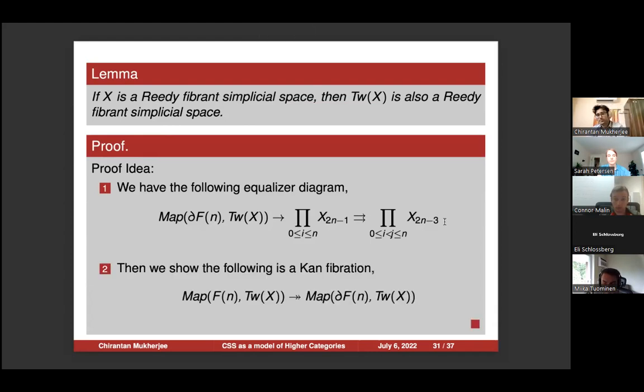Now, if we want to show that the twisted arrow of a Reedy fibrant simplicial space is a Reedy fibrant simplicial space, then we need to show that the level-wise maps from twisted X to the boundary of twisted X are fibrations, which we obtain by replacing the level-wise boundary of the twisted X by the above equalizer diagram.